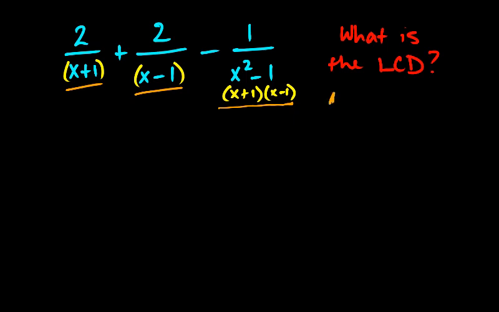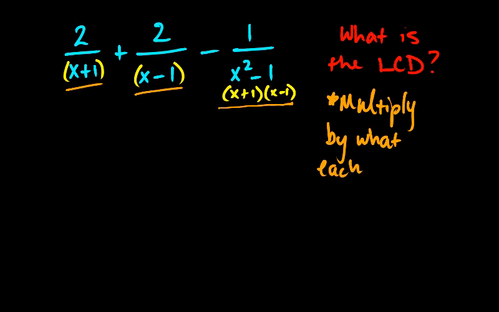And so what you're going to do is multiply by what each denominator needs.